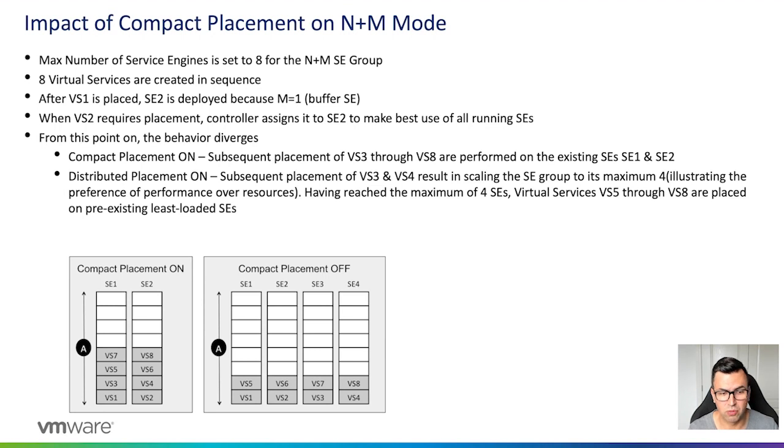We try to put as much as we can on the least amount of service engines. We start creating VS1, and VS2 goes into a second SE, and so on until we reach VS8. We haven't reached the maximum number of service engines, but because of the compact placement, we try to make the most of each service engine, based on the parameters we have defined on the service engine group. When VS1 is placed, that automatically creates a new service engine, and we continue.